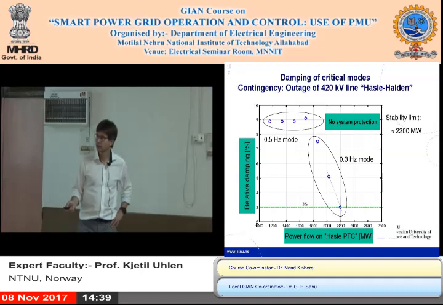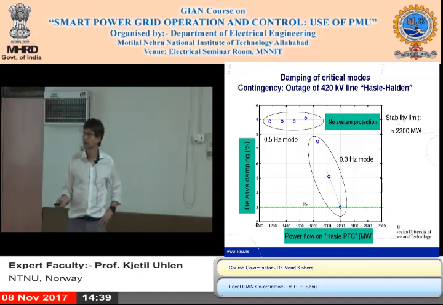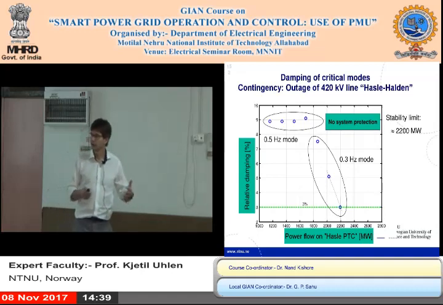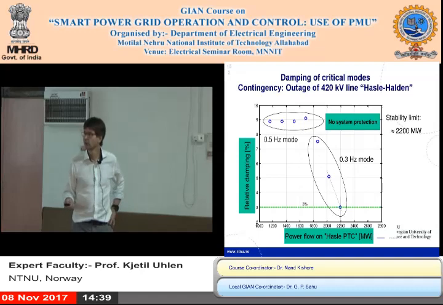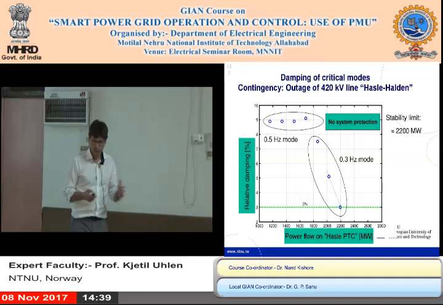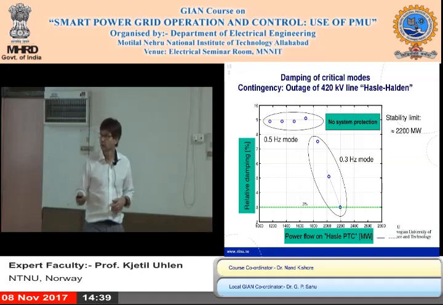In this case I say, okay, the damping here is down to 3%. So perhaps this is our limit. Stability limit, 2,200 megawatts. So that is one use of this. But you see the complexity because there's more than one mode. So it's important to track all the relevant modes.